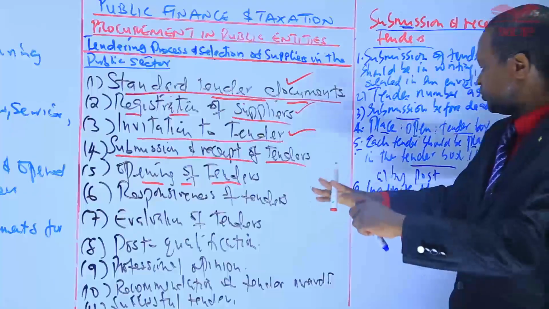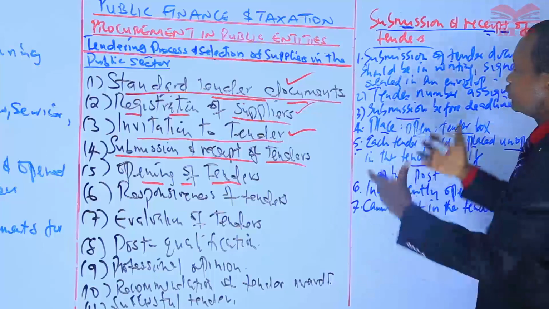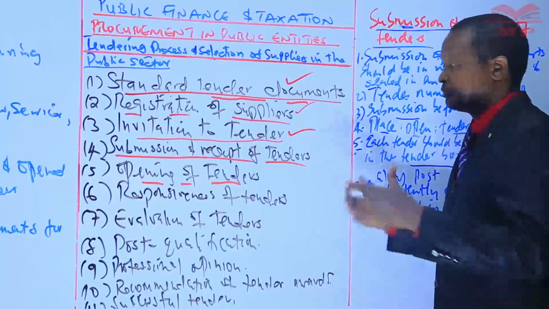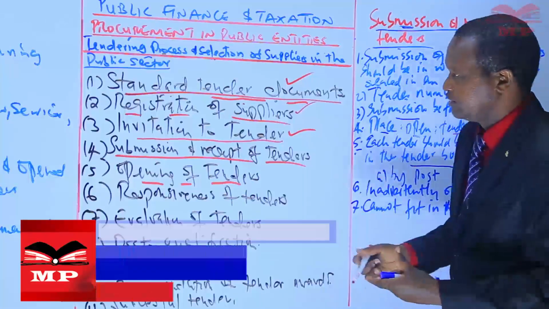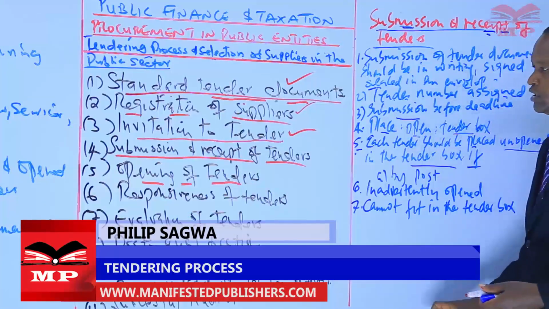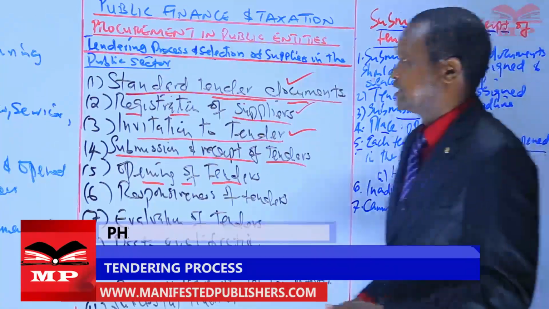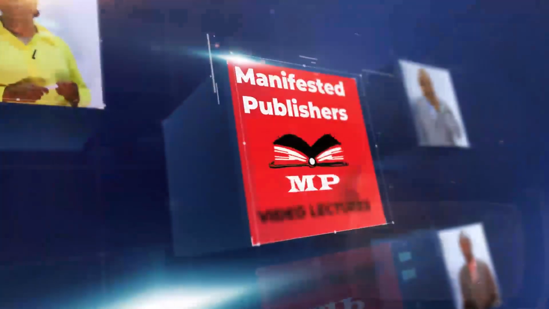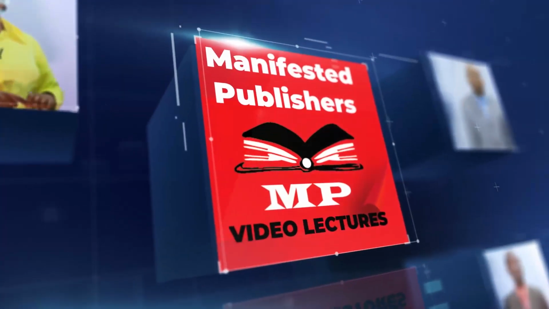The tenders are now inside the box. We've gone through all the procedures on how the envelopes should be placed in the box. Now that the envelopes are placed in the tender box, we move to the opening of tenders. What are the processes, the procedure?